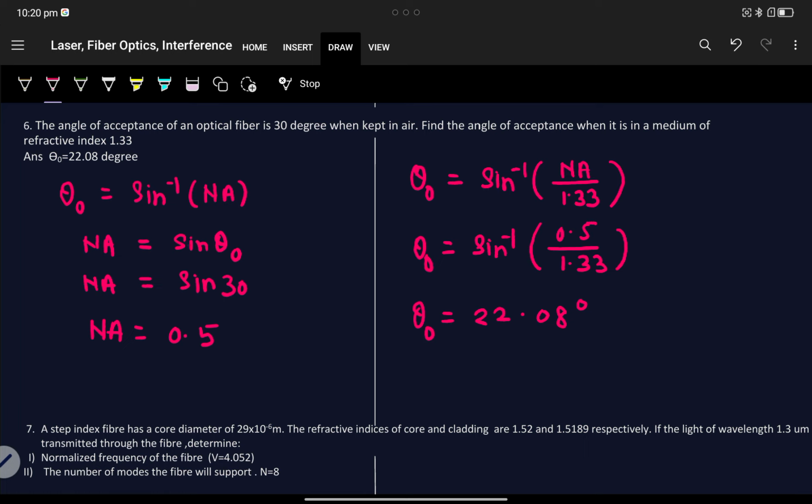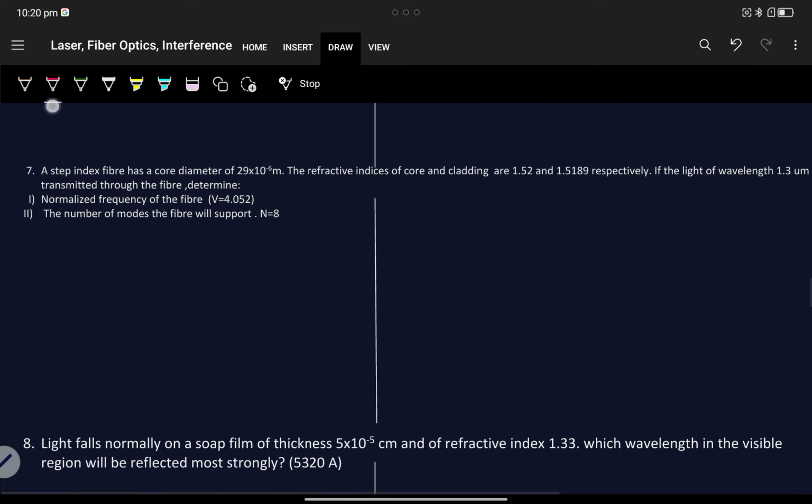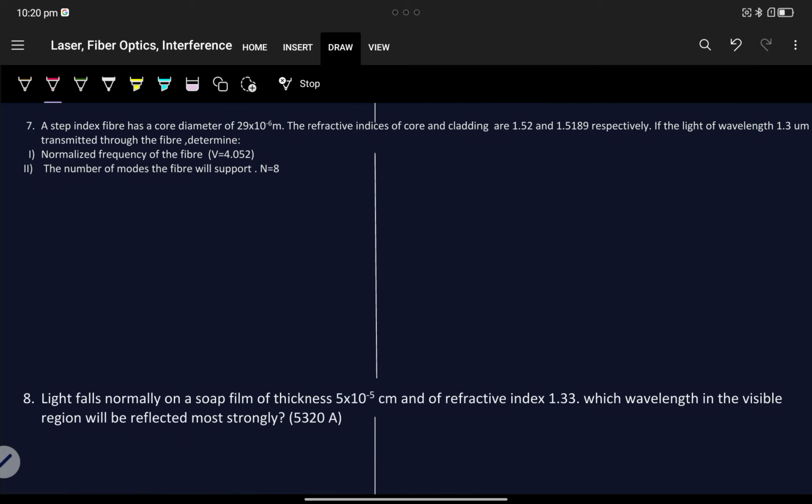22.08 degree. Let's move towards the next question. So we have given a step index fiber core diameter. So diameter of core is 20 into 10 to minus 6 meter.